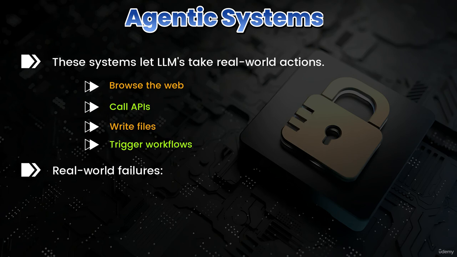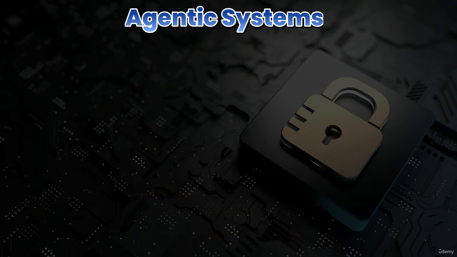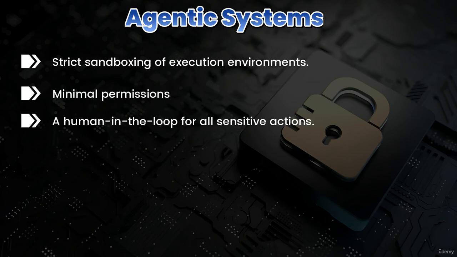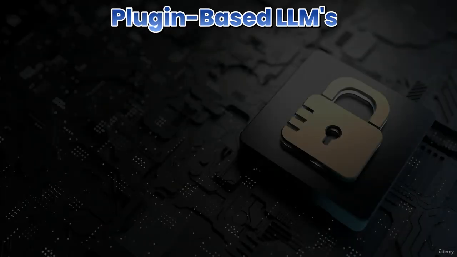Real-world examples: agents that accidentally deleted critical data, bots that flooded external services with junk requests, even agents that chained dangerous commands together with no human review. The key here is simple: strict sandboxing, tight permissions, and a human in the loop for anything that matters. Never give an agent more power than it absolutely needs.